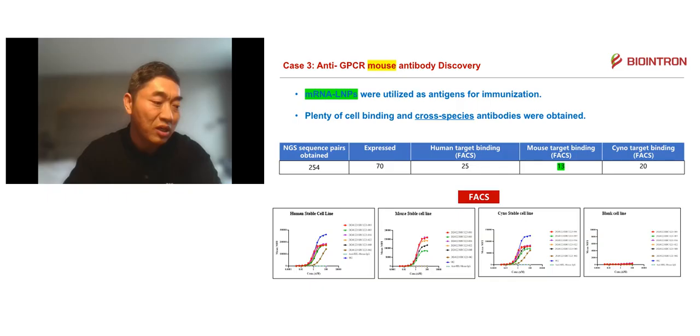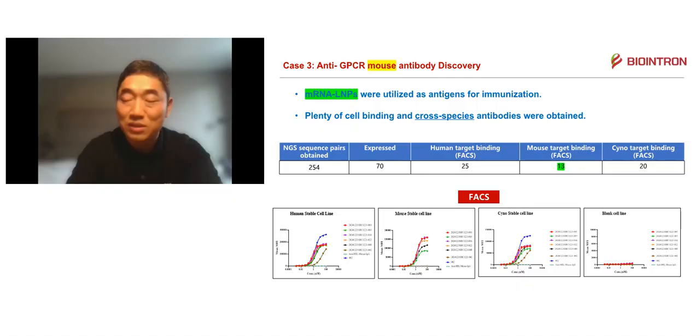So you can imagine, with hybridoma as shown in case 2, I will not say zero, but there will be very little chance for us to get any hits. Actually, I have my own story to share here. I once worked with some GPCR targets.